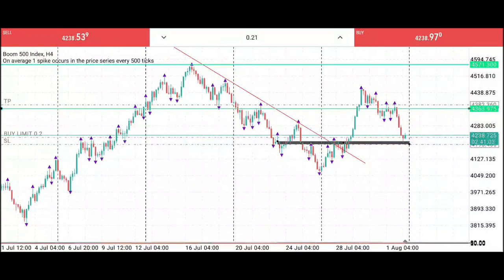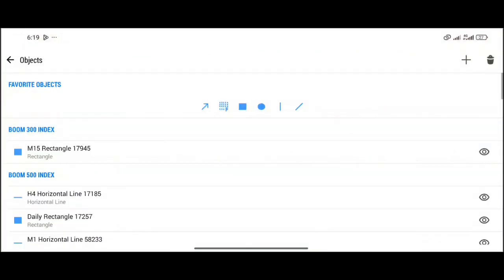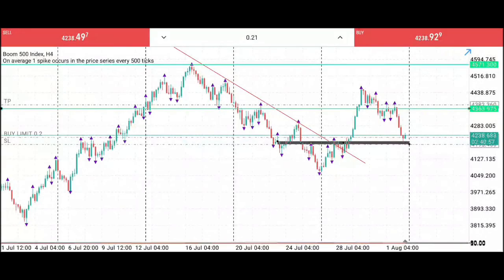If you look at this 4 hour time frame, there's a resistance there, resistance here, break of that resistance, then it turns to support. It's that support that we are capitalizing on that we want to buy.